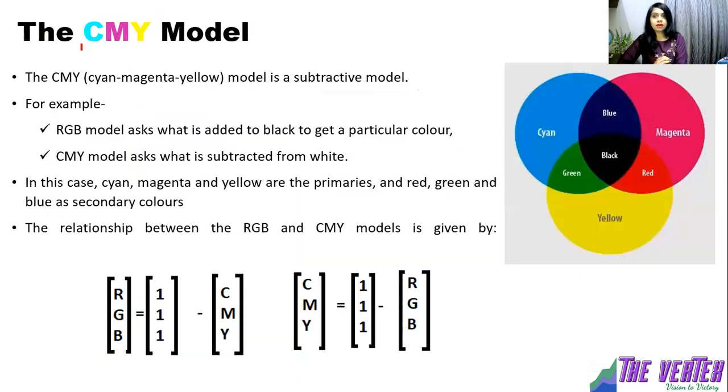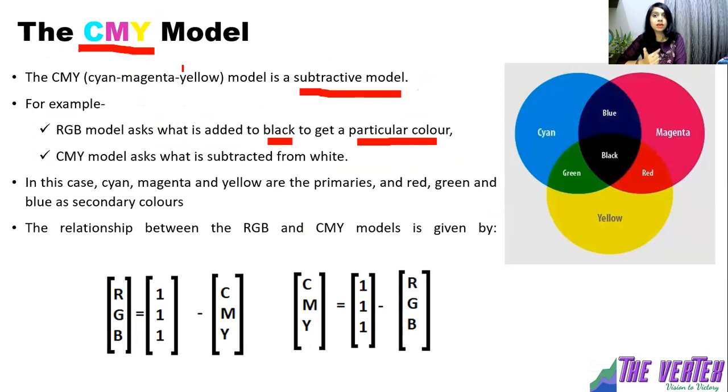Now the next model is the CMY model, that is the cyan, magenta, and yellow model. This is a subtractive model. What is the meaning of a subtractive model? When we use RGB as the primary colors, then the RGB model asks what should be added to black to get a particular color.